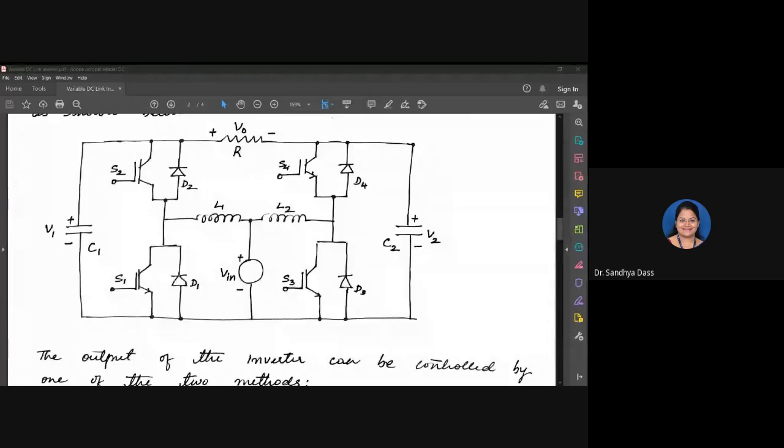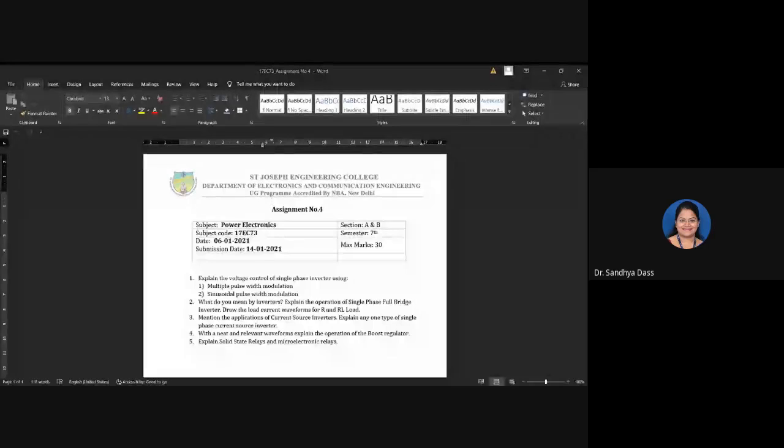The submission date will be 14th. Let me share that. So there are 5 questions. You need to answer all the 5 questions. The submission date of the assignment will be 14th.